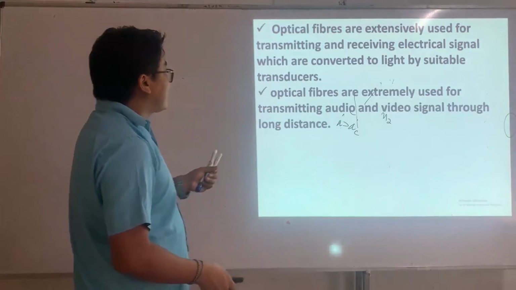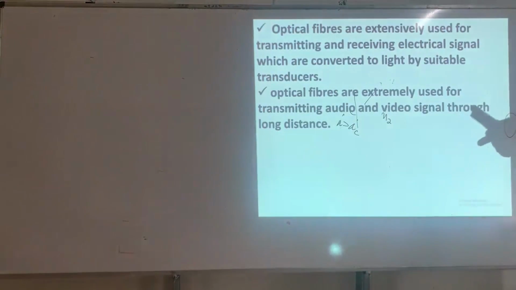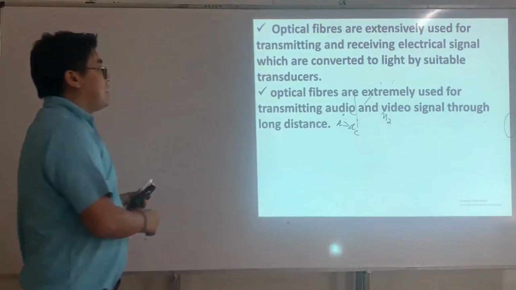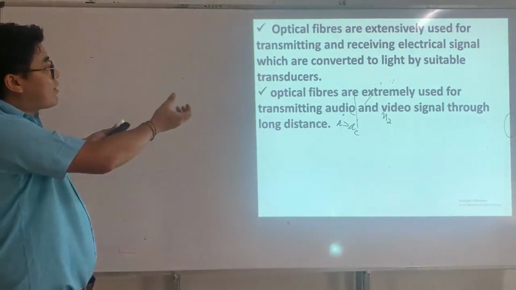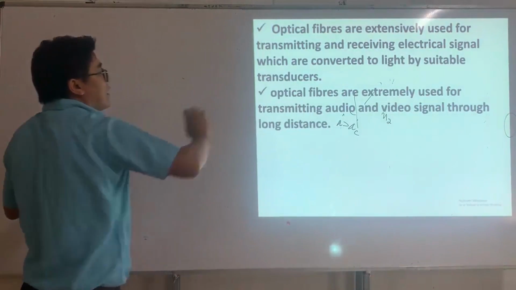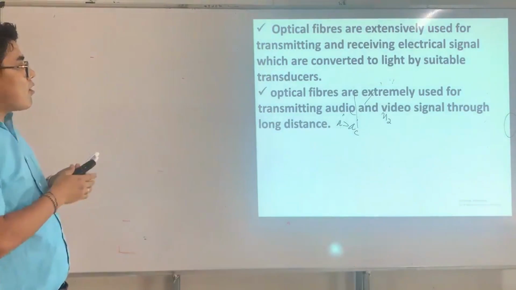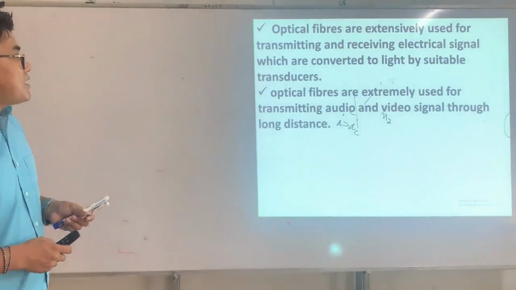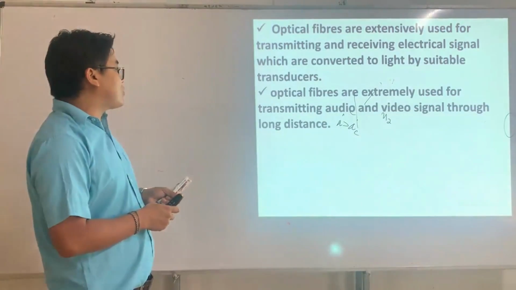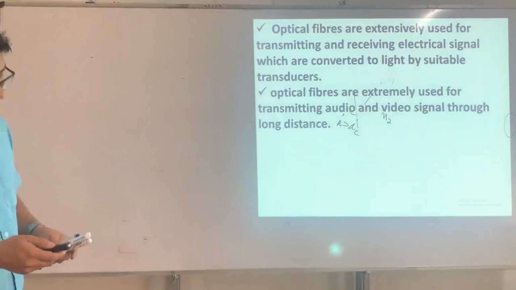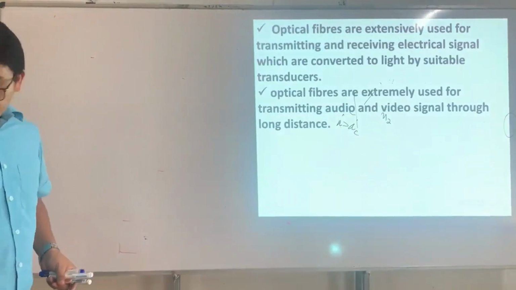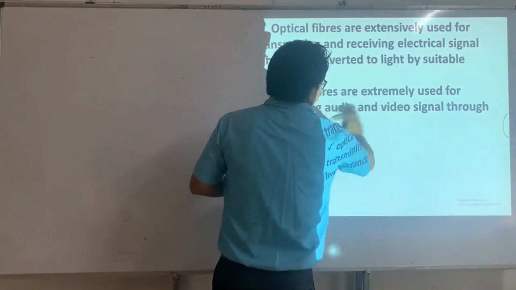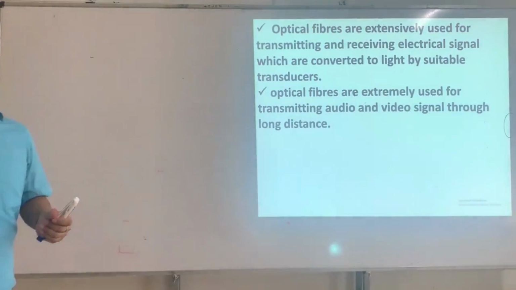And since there is a minimum loss of signals, therefore it is preferred, and we prefer such optical fiber to travel much longer distances. So optical fibers are extensively used for transmitting audio and video signals over long distances, right? So this is one very important application which we use these days. And we are done with total internal reflection.